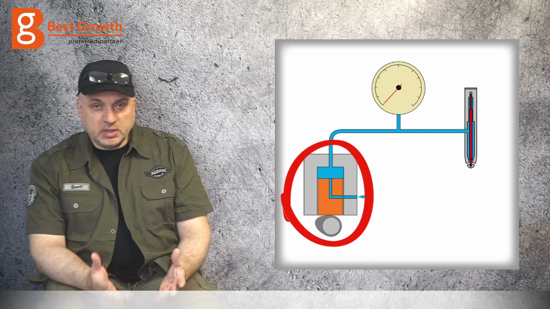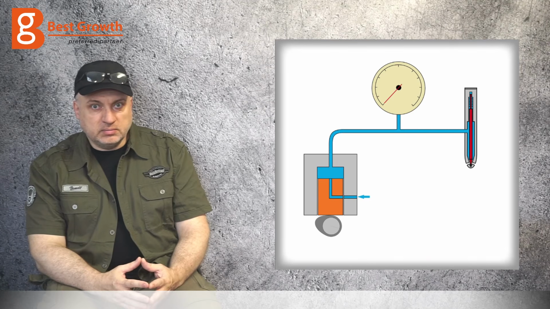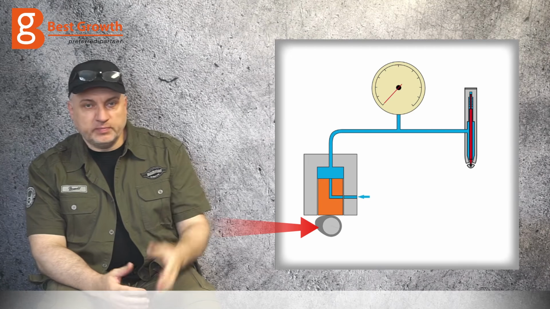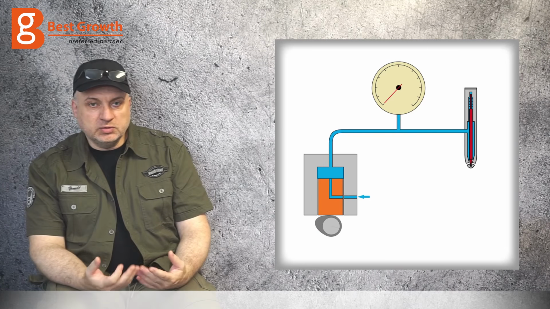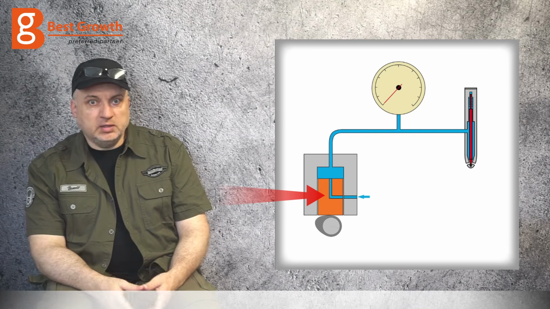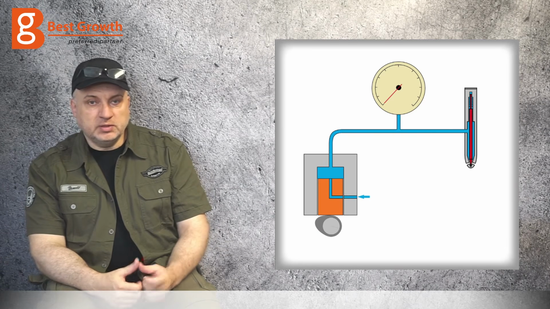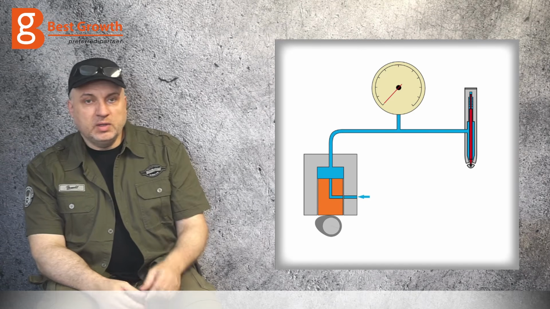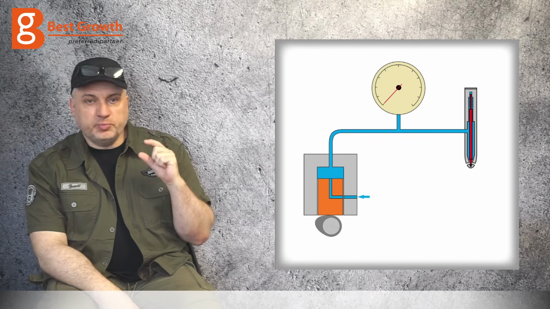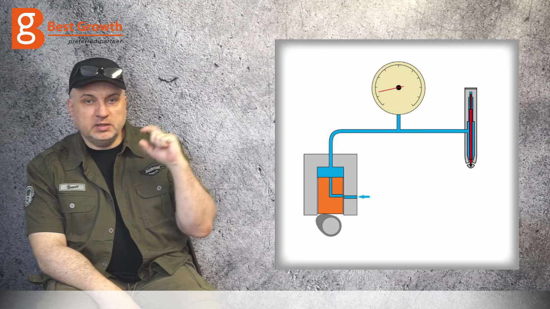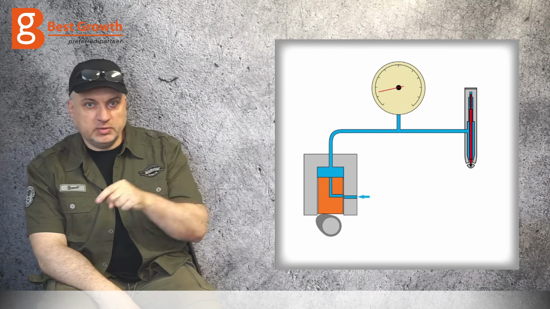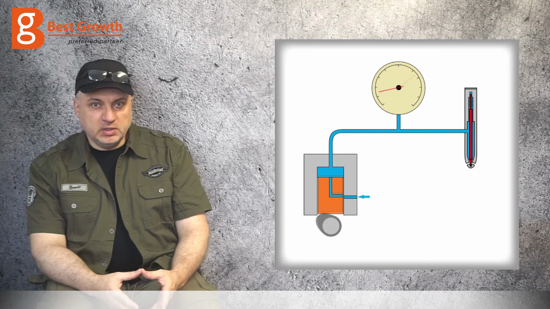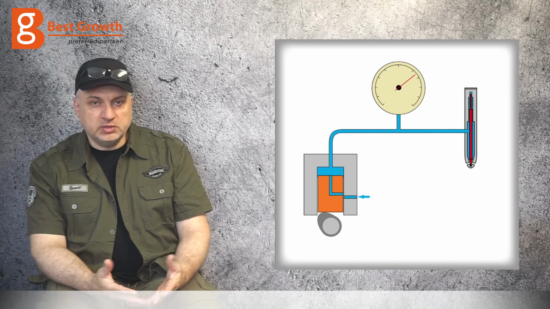So the mechanical pumping section is activated by the cam on the shaft. The cam acts on the plunger, and the plunger moves up in its cylinder, and it generates the fuel pressure above, and that pressure going through the pipe to the injector, when it reaches a certain level, it opens the needle on the injector.